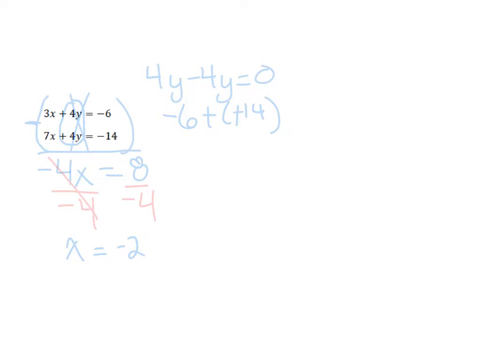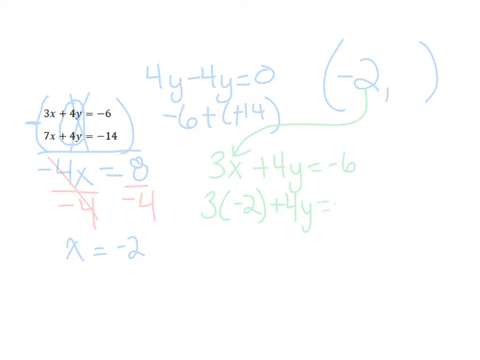If I would like to solve for the intersection point, I need to plug that negative 2 back into one of my equations and solve for y. I'm going to pick the first equation because it's got smaller numbers. So 3x plus 4y equals negative 6. Take that negative 2 and plug it in. So 3 times negative 2 plus 4y equals negative 6.